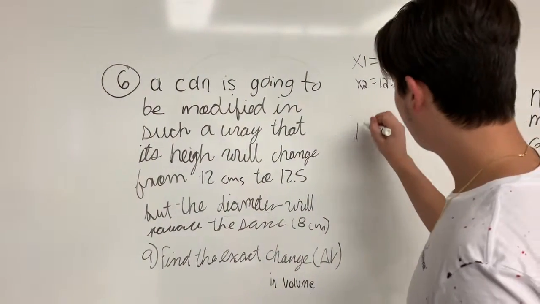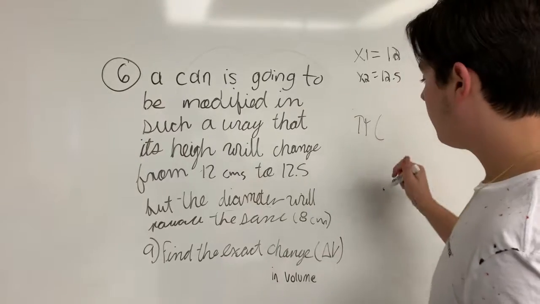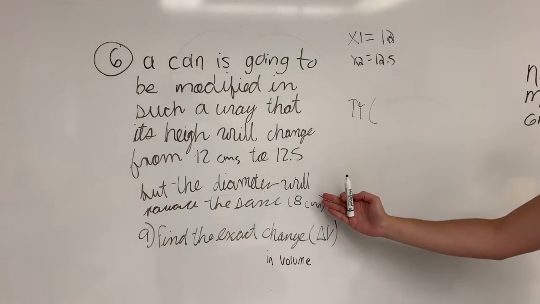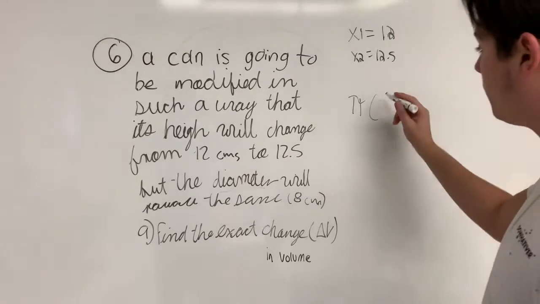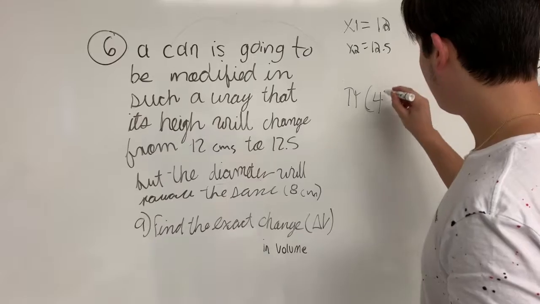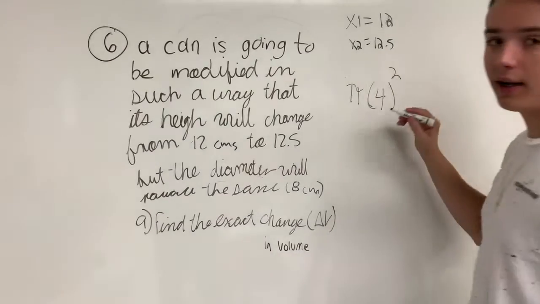The formula is pi times radius squared times the height, and they already give us the diameter, that is 8 centimeters. So the radius is half of the diameter, so it's going to be 4 squared times the height.